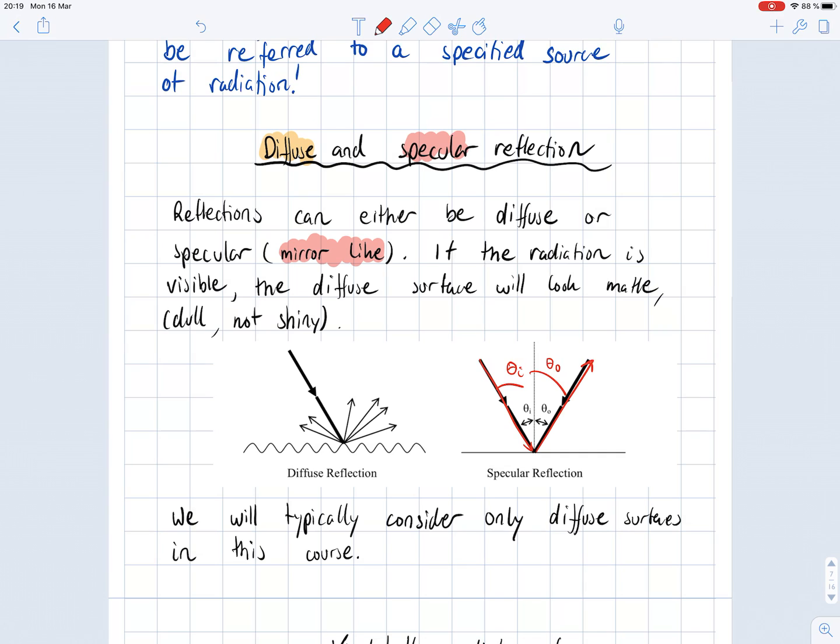If we have diffuse reflection, then your incident ray will come in like this, but it will scatter radiation in all directions. This is the radiation that we will typically consider in this course, just so you know.